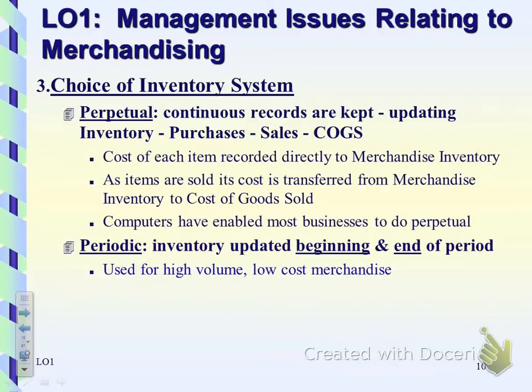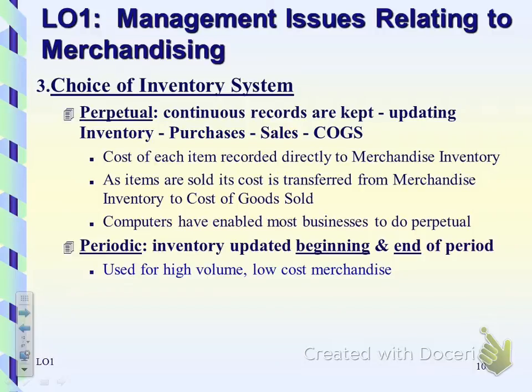Typically speaking, this is used for high volume, low cost merchandise. It used to be that a dollar store would never operate under a perpetual inventory system because they had so many little tiny things that they were selling, and they're such low value that it didn't really matter to update it on a daily basis.